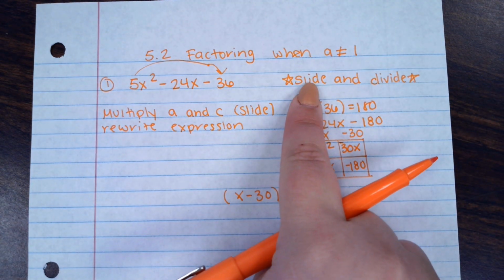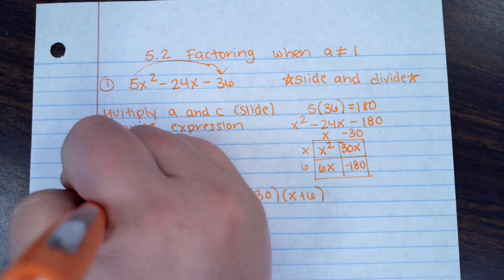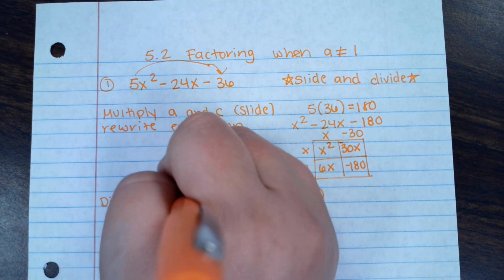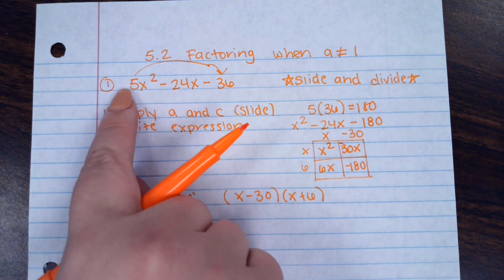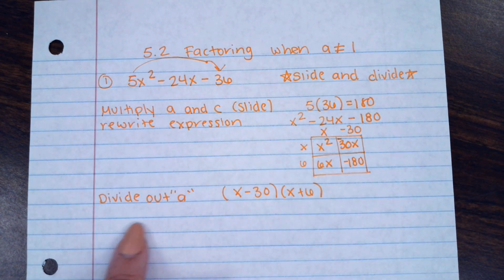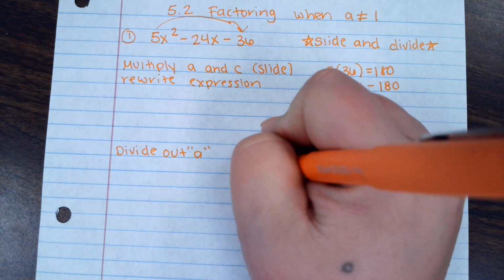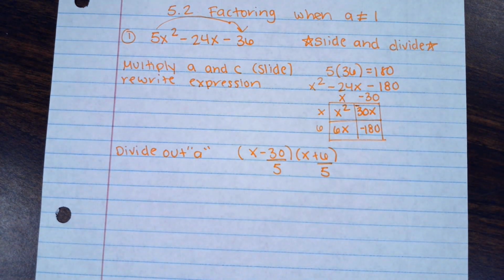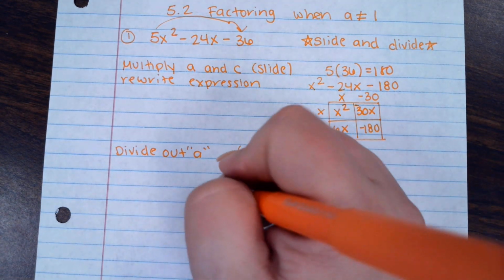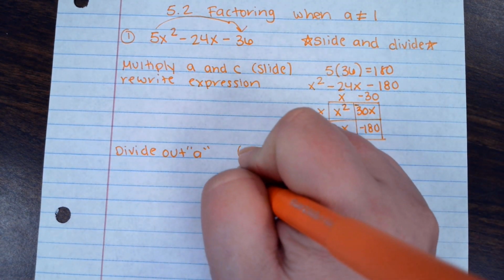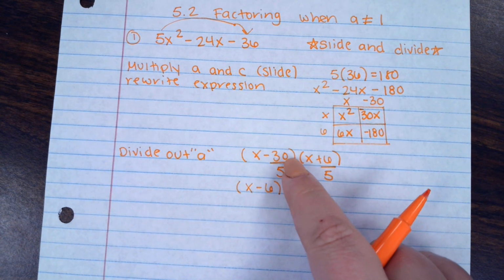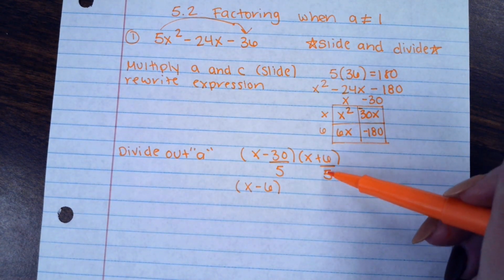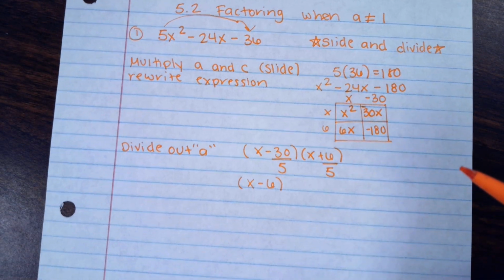So that was our slide, and then we're here. Next, we need to divide out our a value, right? Because we multiplied it in here, we have to divide it out here. So divide by 5, divide by 5. So we get x minus 6, right? 30 divided by 5 gives you 6. Notice how 6 divided by 5 is not going to be a whole number.